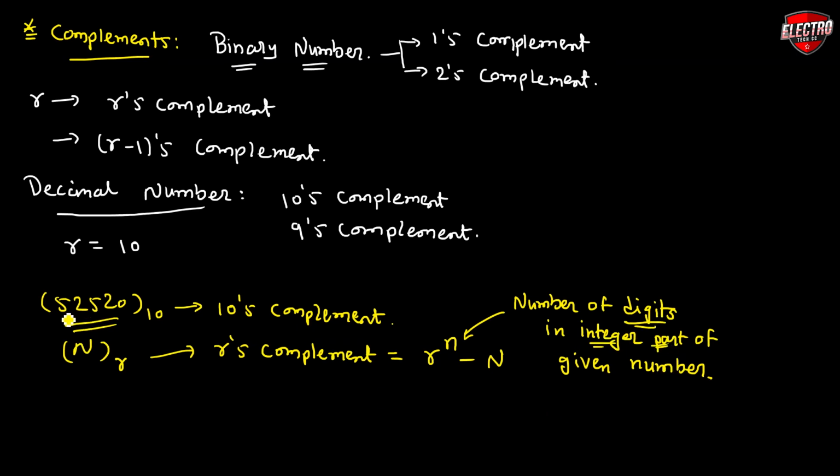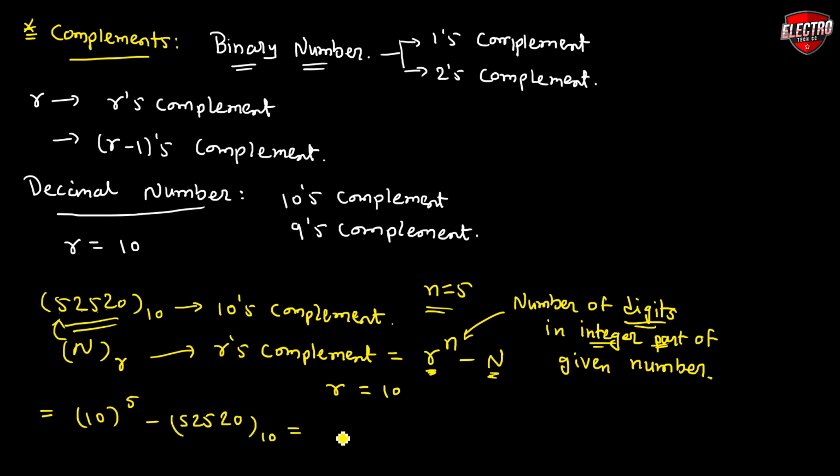In our case, the number of digits is 1, 2, 3, 4, 5, so n is equal to 5. The base R is 10 for decimal number system, and the given number is 52520. So the 10's complement is equal to 10 raised to 5 minus 52520, in decimal number system.